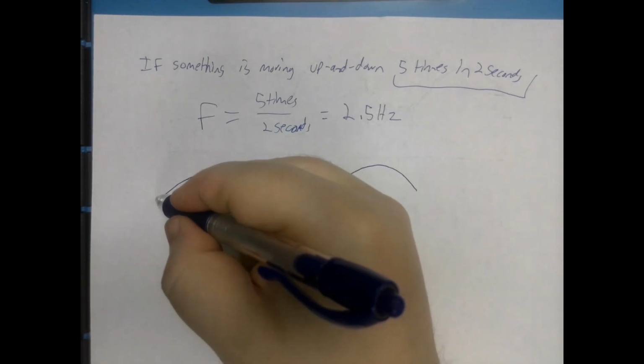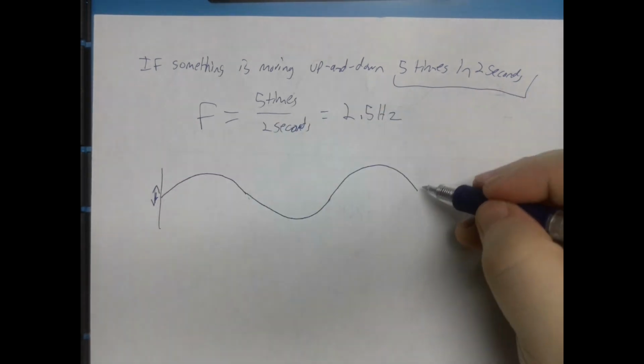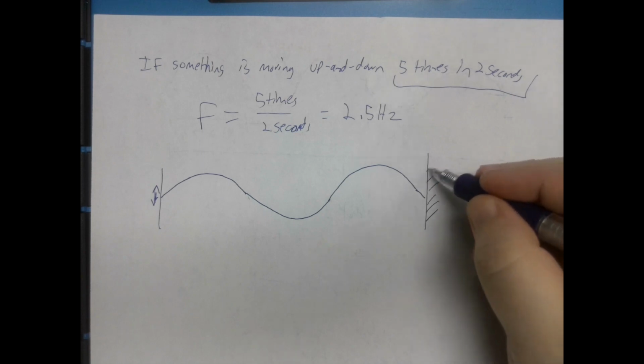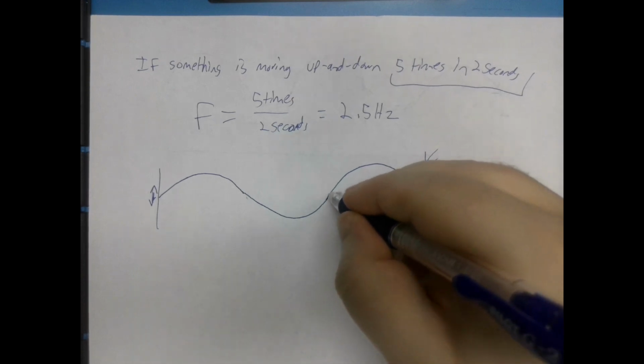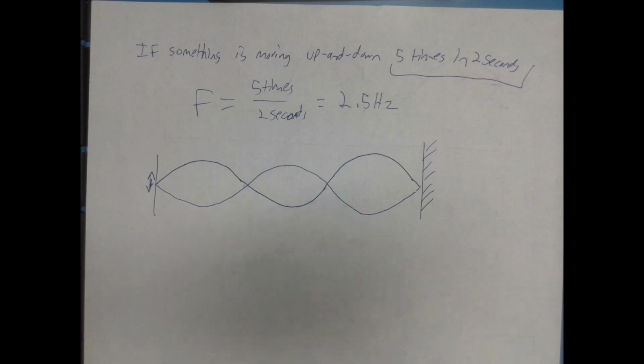So if I have a rope that's vibrating up and down here, it strikes a wall here and reflects. How many nodes?